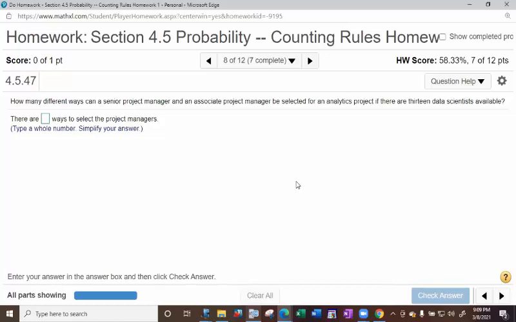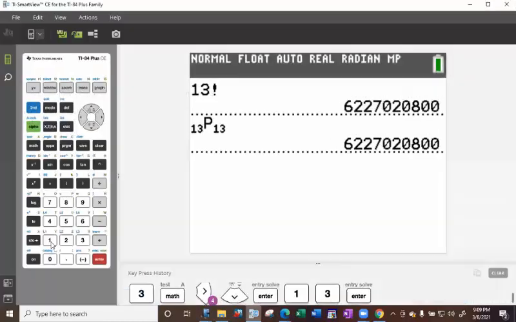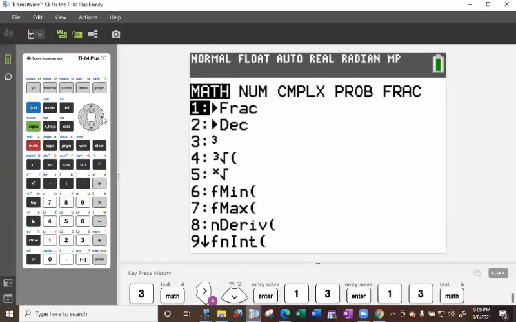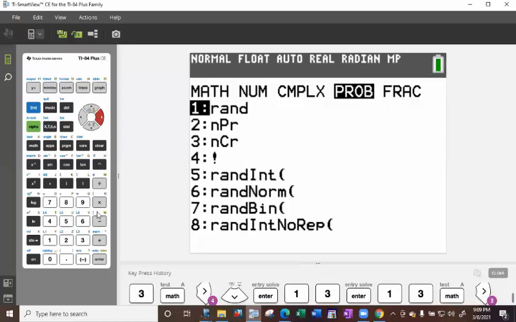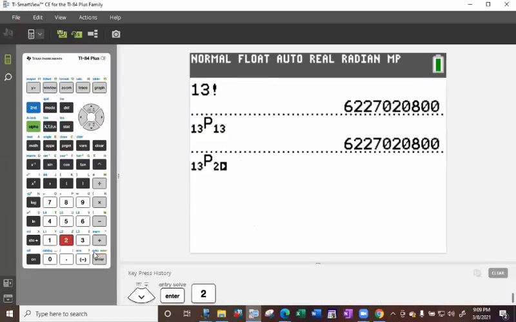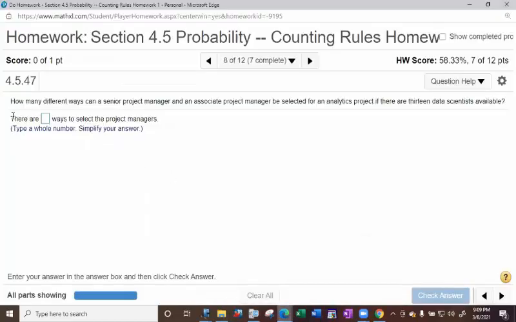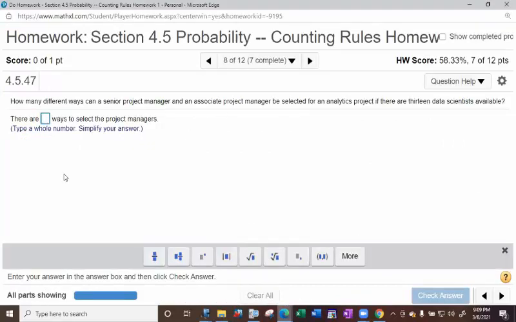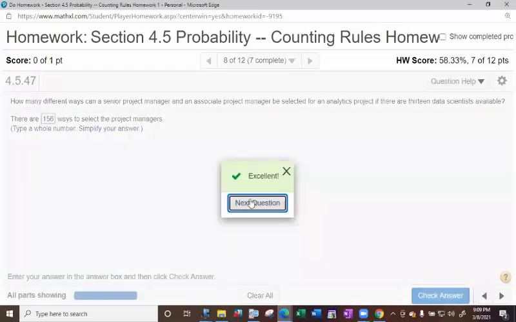So I think it's going to be 13P2, because the fact that they're ranked. 156. Excellent.